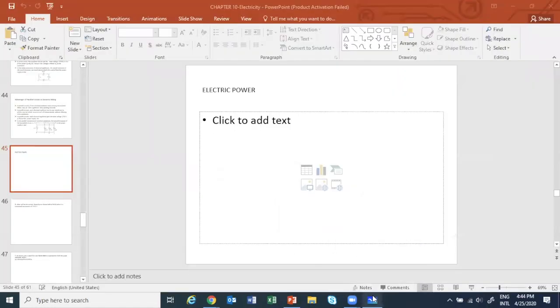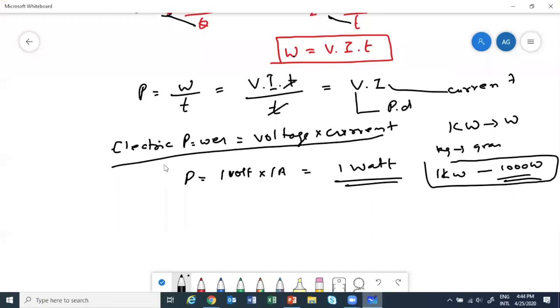We know that V equal to IR. You learned this in Ohm's law.